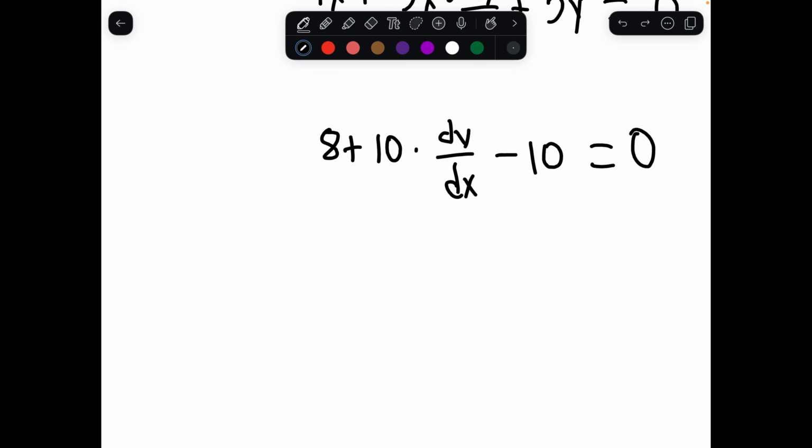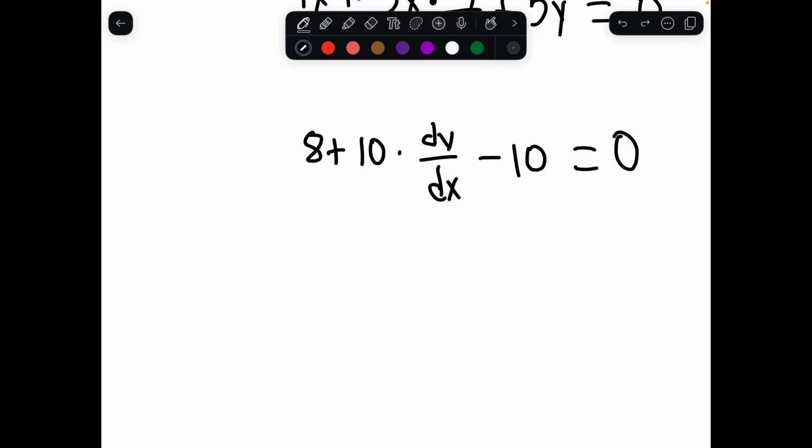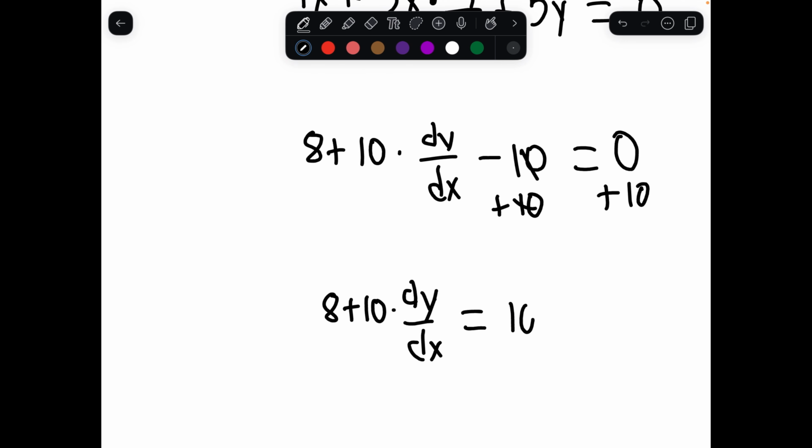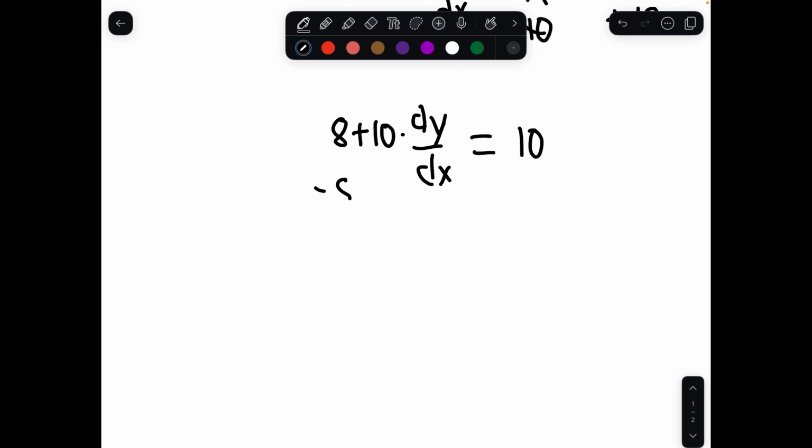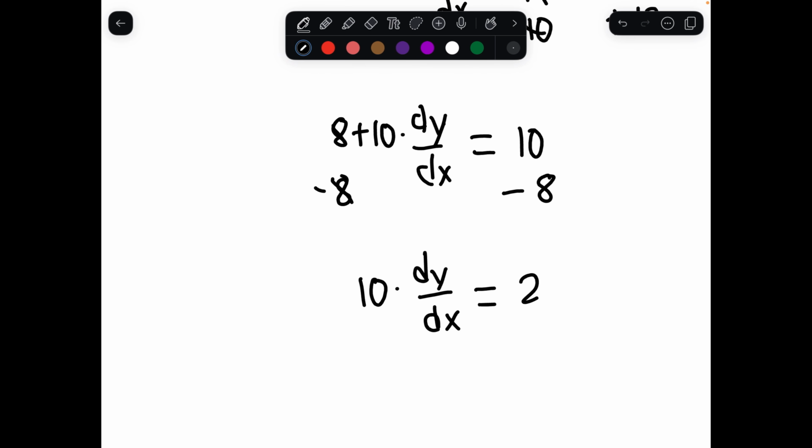So let's move the minus 10 and the 8 to the other side. Let's add 10, and subtract 8 now. You get 10 times dy/dx equals 2.